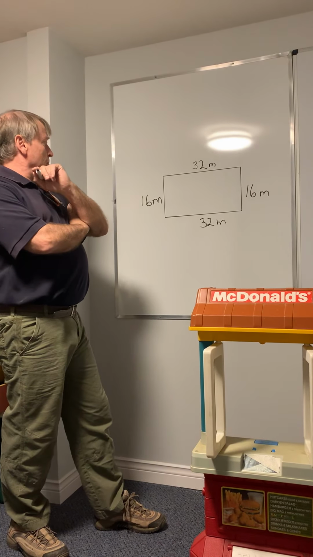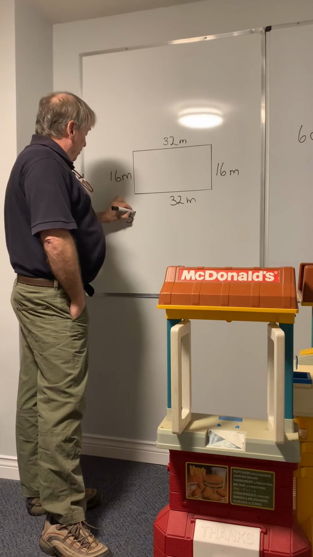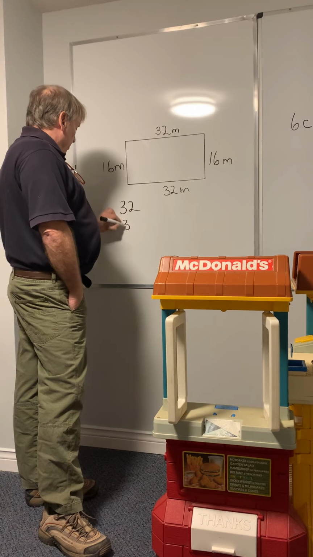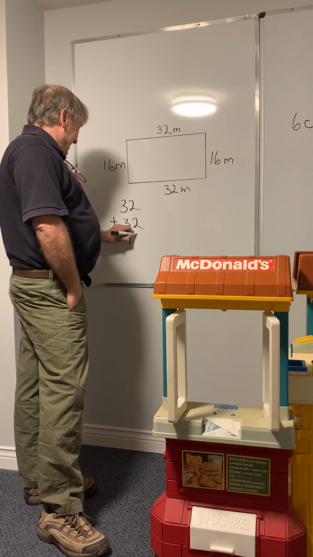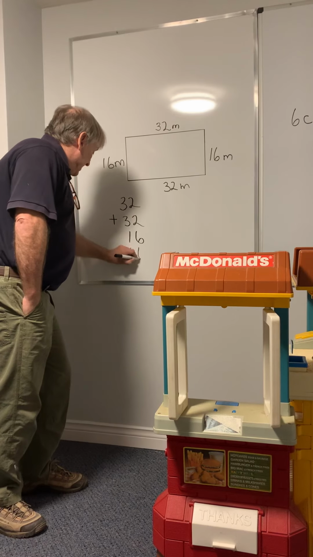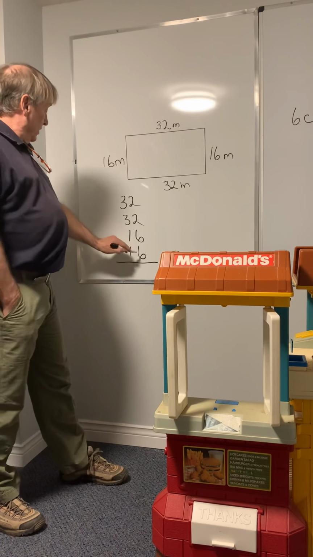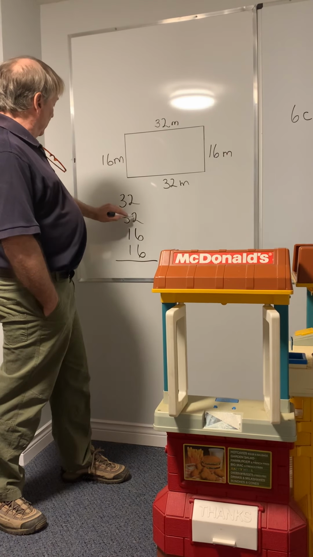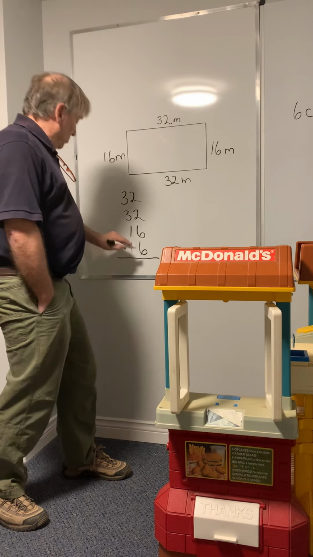Now what we can do, we could go 32 plus 32 plus 16 plus 16, and then would we have 6 plus 6 is 12, 12 plus 2 is 14, 14 plus 2 is 16.